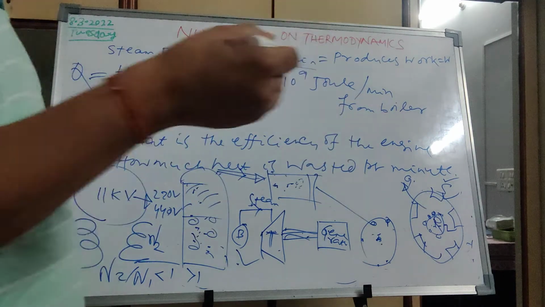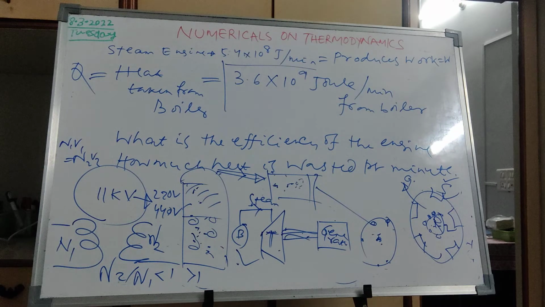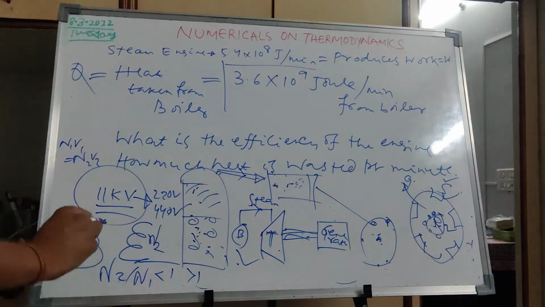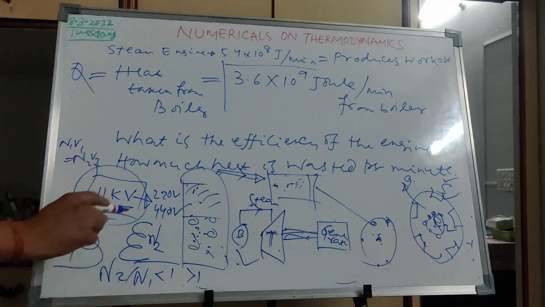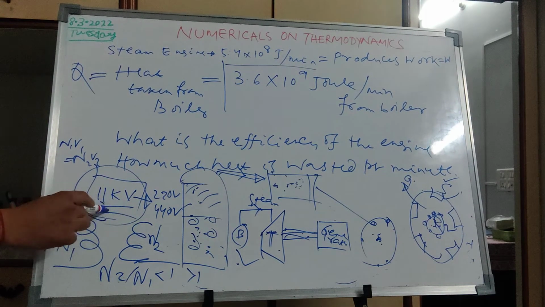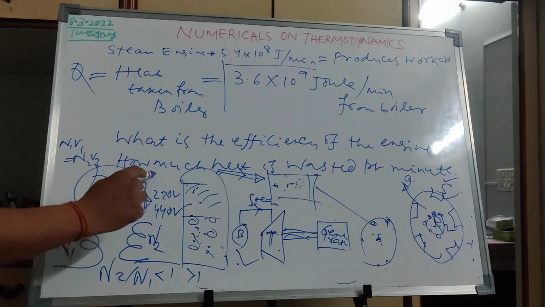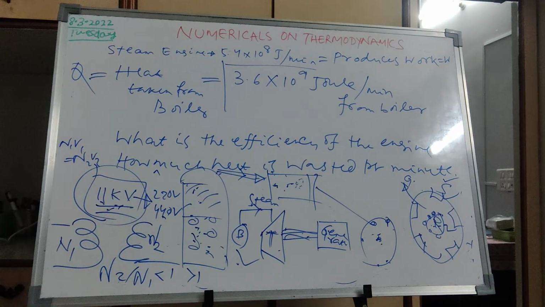In the power plant, that voltage is very low. So that voltage has to be stepped up, and then it will be supplied to the grid, and from the grid it will go to the different villages or towns for industrial or domestic usage. Just to give an example, in our village, the transformer input voltage is 11 kV, which is stepped down to 220 or 440 volt.